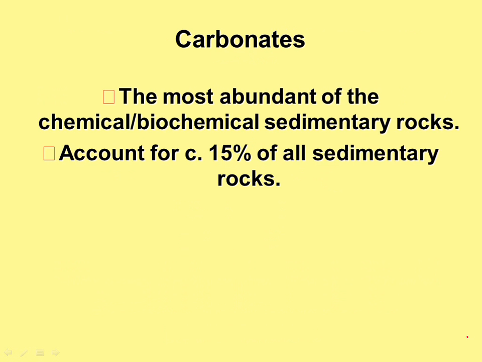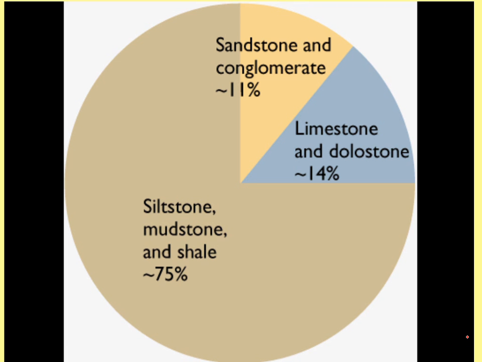So clearly, terrigenous sedimentary rocks are the major players in terms of their volumetric abundance. If you look at this pie diagram right here, you see in the tan colors what we would generally put under the category of terrigenous sedimentary rocks, and in the blue we are dealing with the carbonates, and then those other ones that I showed would add up to whatever percentage it would be.